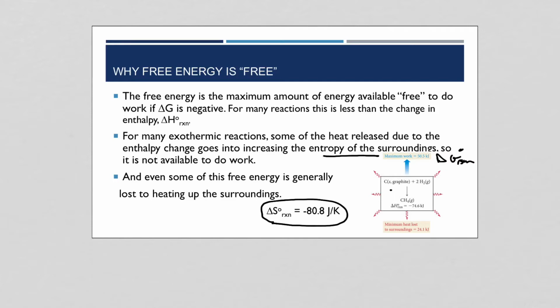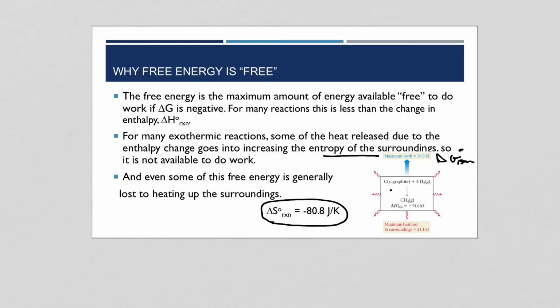So what we see is that often some of this enthalpy change is used as heat to heat up the surroundings, so it's not available to do work, or what we might consider other work.